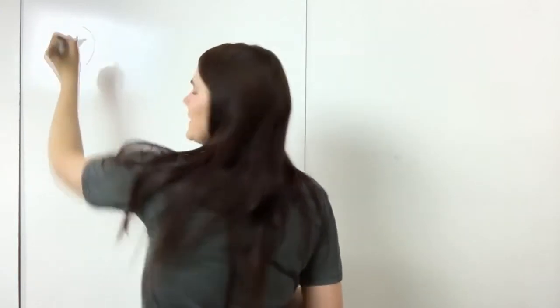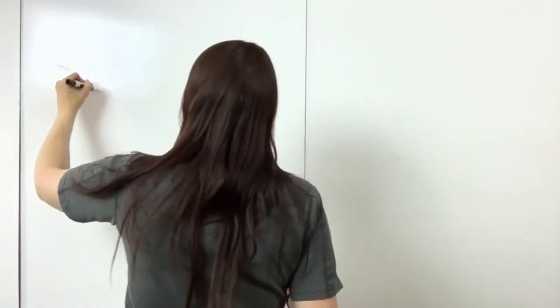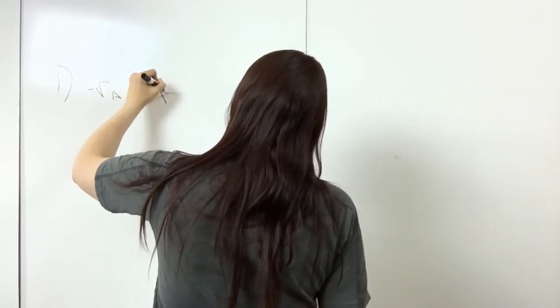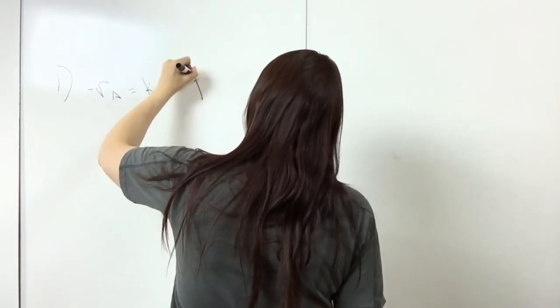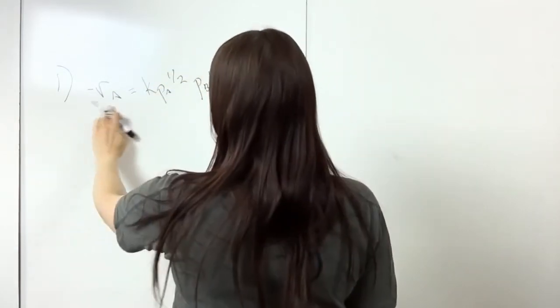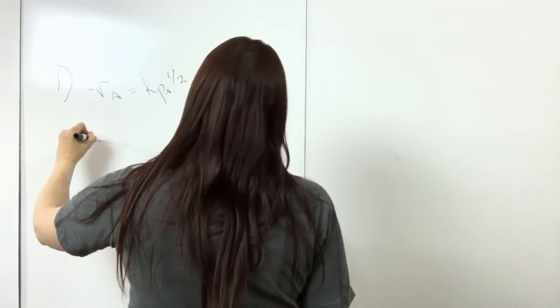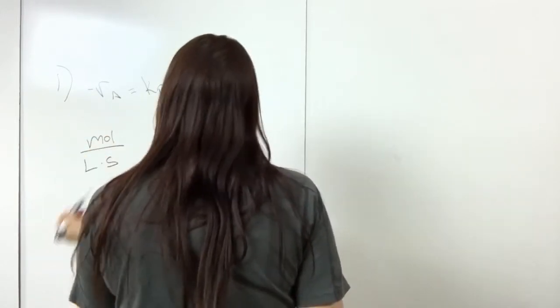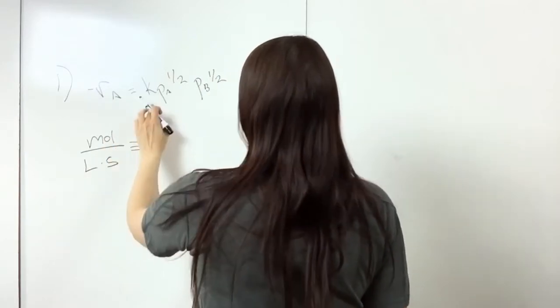This is number 1. You have this rate, minus RA is equal to K, PA to the 1/2, PB to the 1/2. So then you can write the units for the rate, so you know that that should be moles per, say, liter second. And then you can start writing units for other stuff.